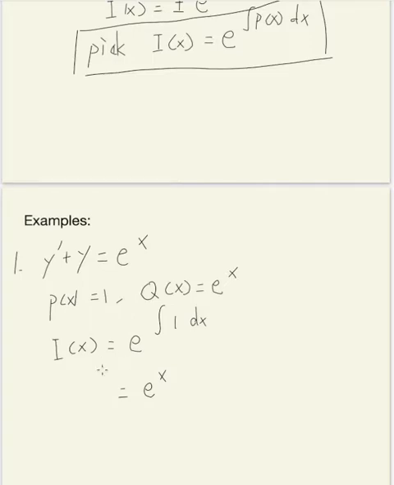All right. So this is our integrating factor, and the formula for the solution is this: y of x equals 1 over I of x times the integral of I of x q of x dx.